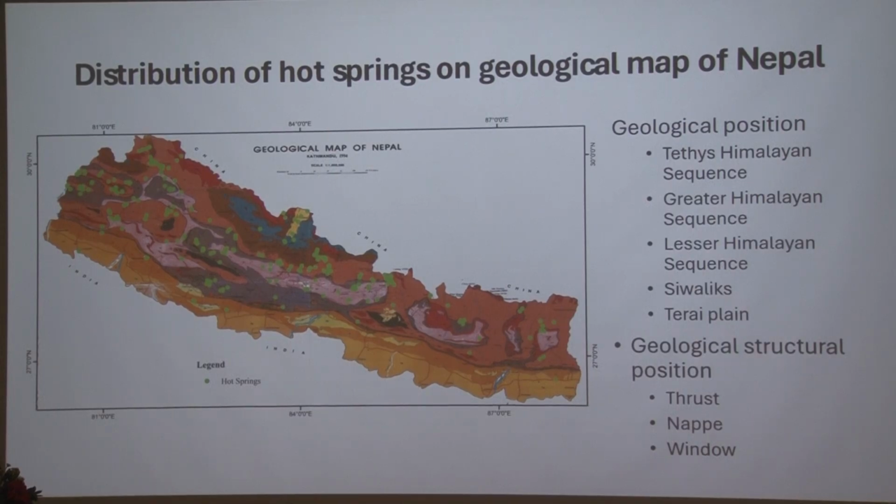These hot springs are geologically situated close to the thrust, nappe and window, and we see them mostly in the riverbank and river channel area, and also on the mountain slopes.